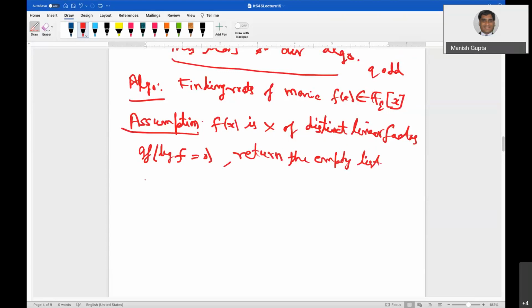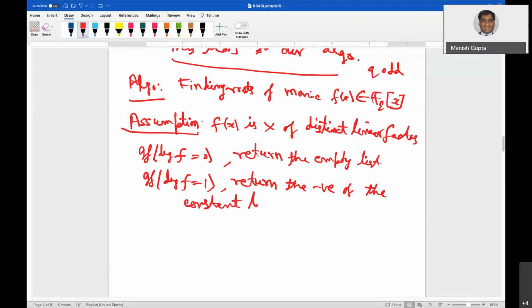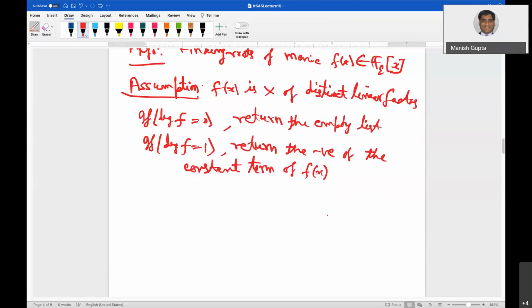Zero is the trivial case. If the degree of f is 1, then what you do? Return the negative of the constant term of f of x.